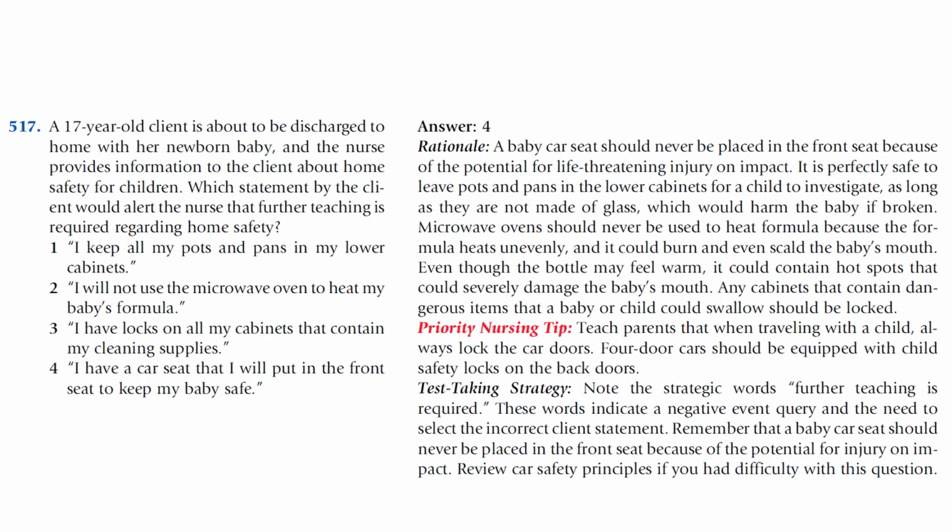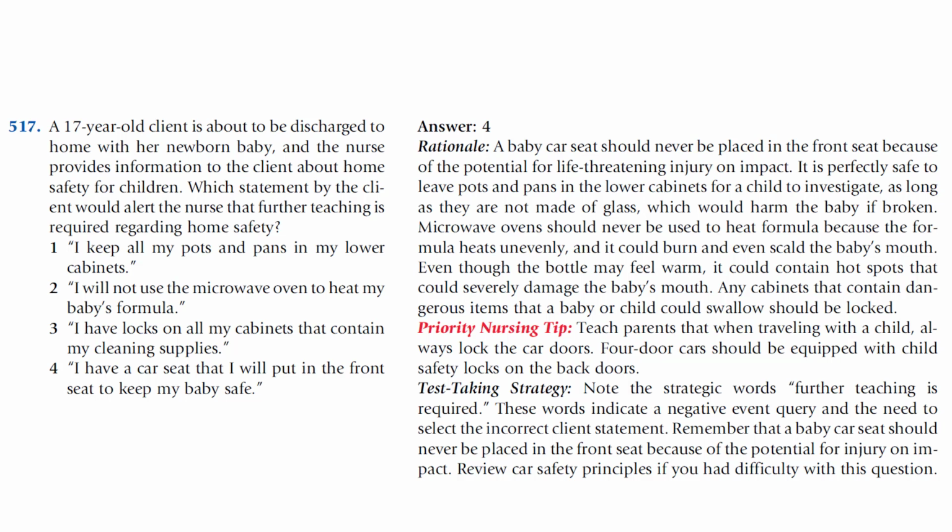Answer. 4. Rationale: a baby car seat should never be placed in the front seat because of the potential for life-threatening injury on impact. It is perfectly safe to leave pots and pans in the lower cabinets for a child to investigate, as long as they are not made of glass, which would harm the baby if broken.